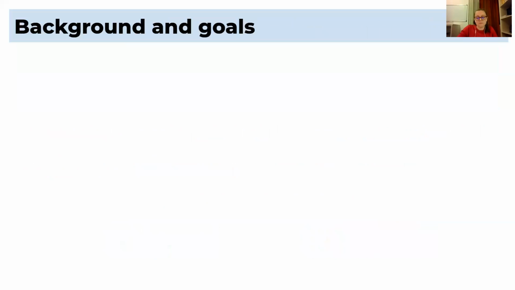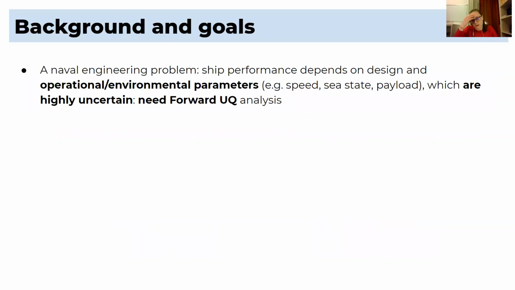I just want to give you a few ideas at the beginning, some background. We are talking about ship problems, this naval engineering problem. What one should take into account is that ship performance depends on several parameters: operational, environmental, and design parameters.